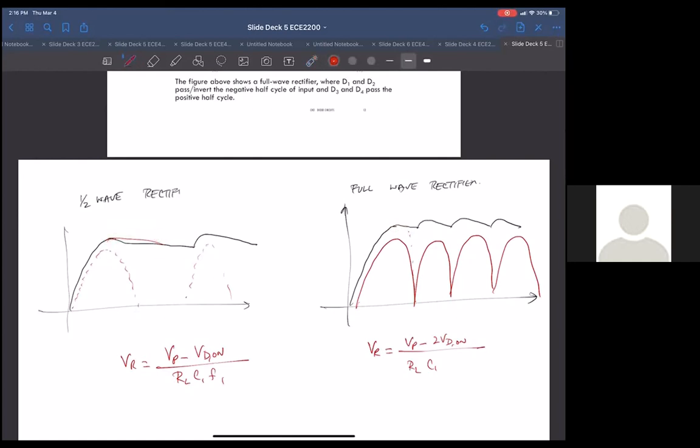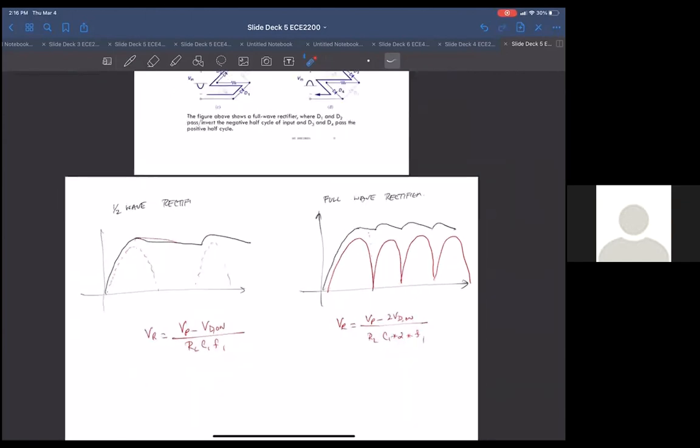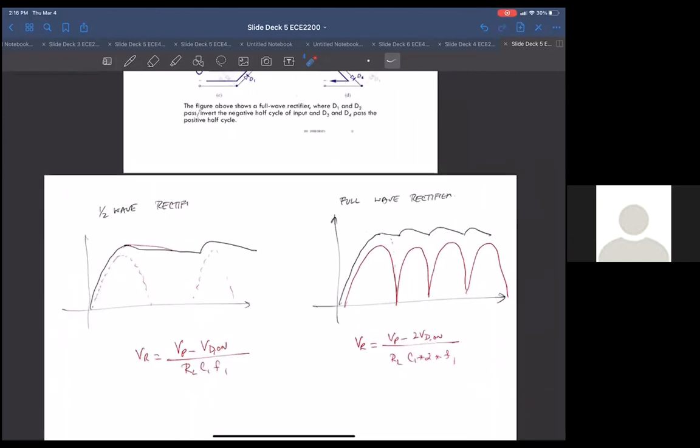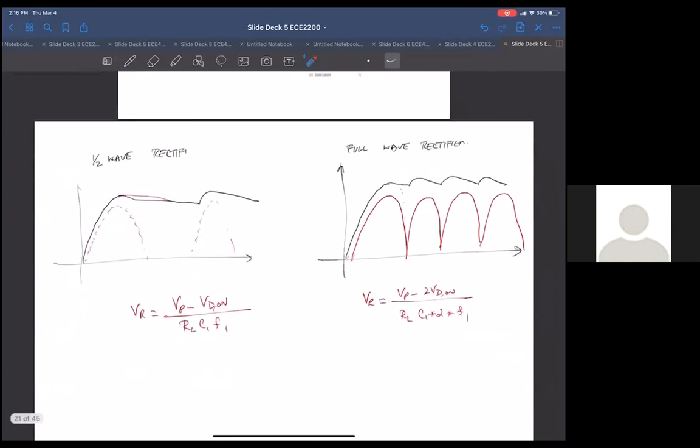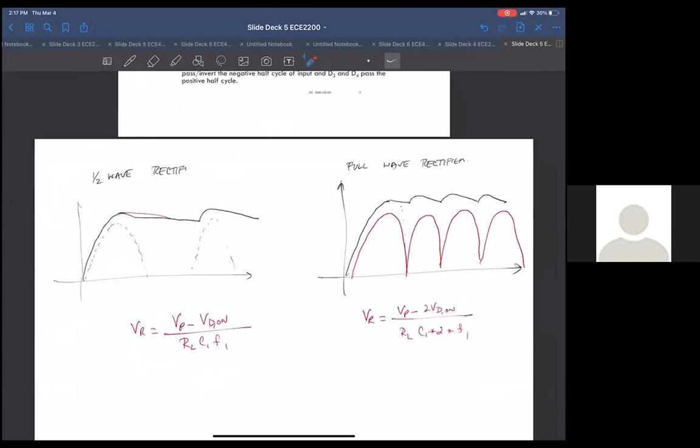So I can end up with a factor of 2 here, given the same circuit, which means that I've cut my ripple in half going with a full wave rectifier rather than a half wave rectifier. In practice, because of that, if you're buying a rectifier, building a rectifier, or have something with a rectifier in it, it almost always ends up being a full wave rectifier.